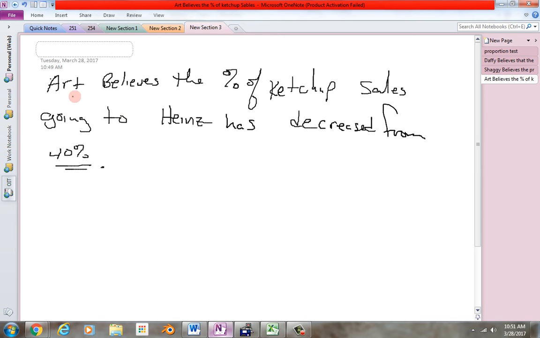By the way, if Art worked at Winco, my guess is that Art would be thinking about what's going on at Winco. But if Art worked at Whole Foods or someplace, then there's some organic ketchups that are taking over. People aren't eating the Heinz ketchup because it's not organic or whatever, right? Again, it matters what population you're talking about. It always matters what population we're talking about, okay?